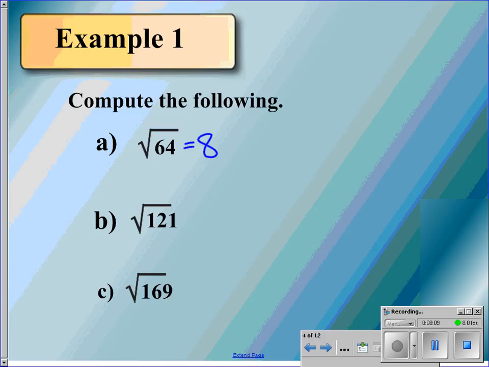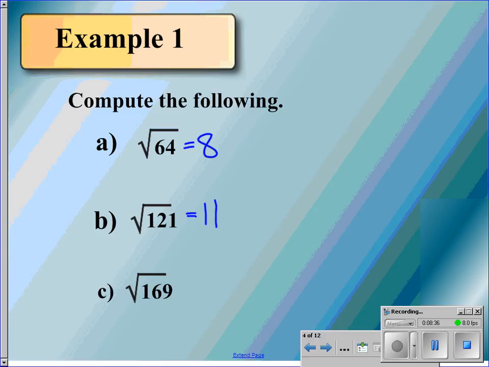What about the square root of 121? What integer can you multiply by itself to get 121, Joey? 11. And last, the square root of 169. What integer can I multiply by itself to get 169?